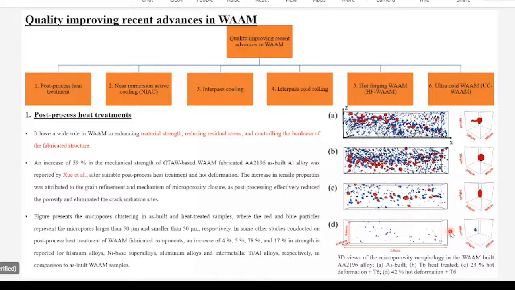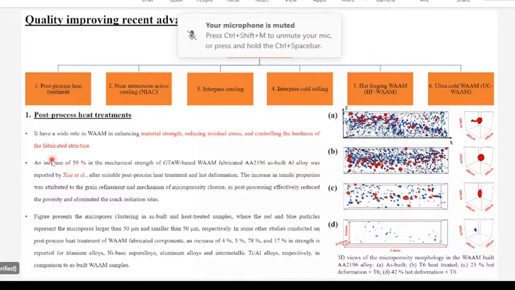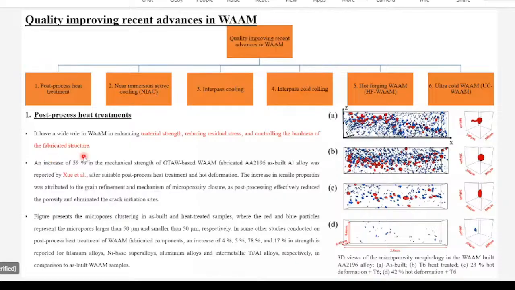Everyone has this problem in aluminum alloy. So this author has done it: he increased the mechanical strength by about 59% of GTAW based VAM fabricated AA 2196, a 2000 series aluminum alloy. As-built aluminum alloy was reported by this author. As a fabricated component he gets some amount of strength, but he increased that strength by 59% with this post process heat treatment.